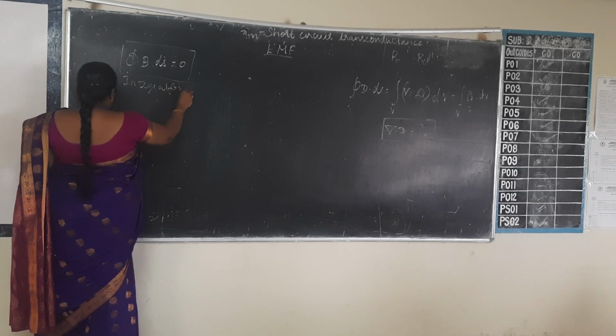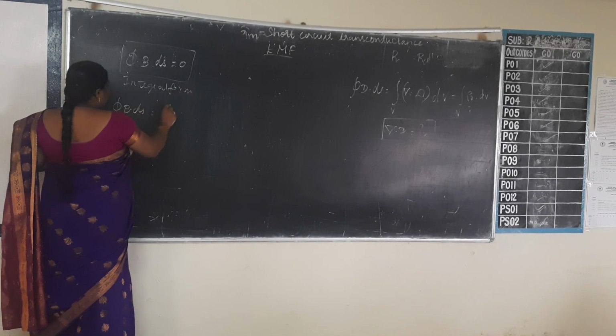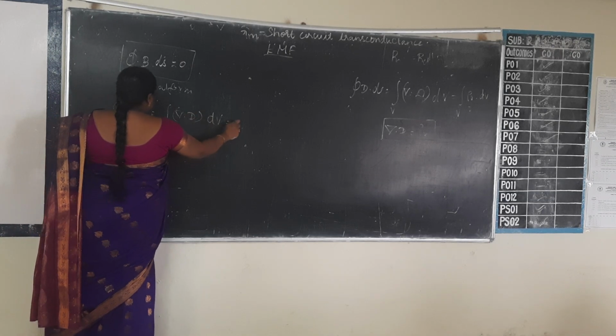Now the differential form is given by the integral of B dot ds equal to the volume integral of del dot B into dv, that is equal to 0.